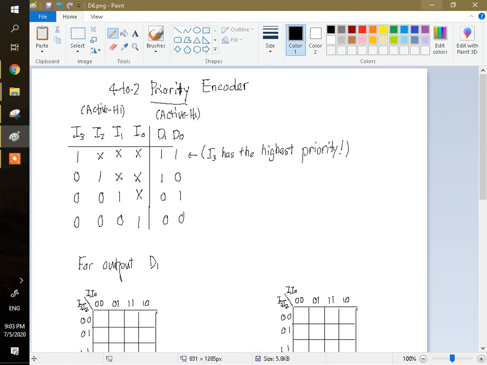Now we focus on only the one. Let's use the black color. So this one here has I3, I2, I1, I0.